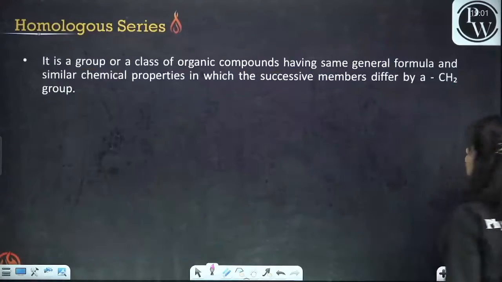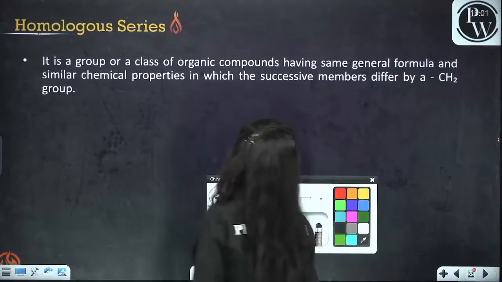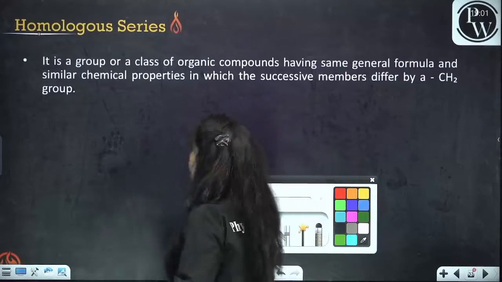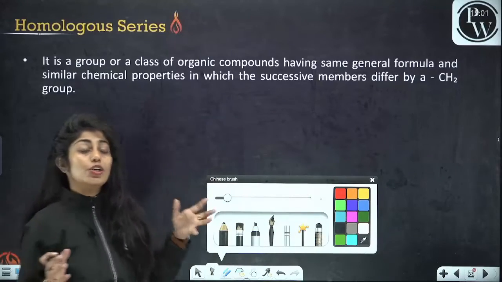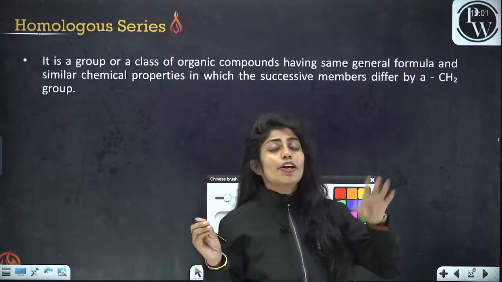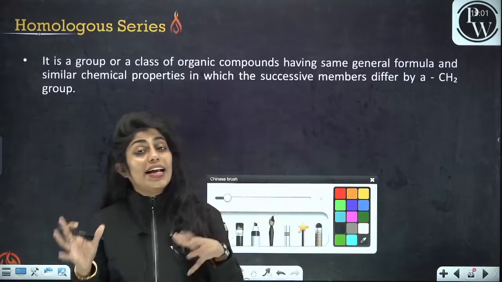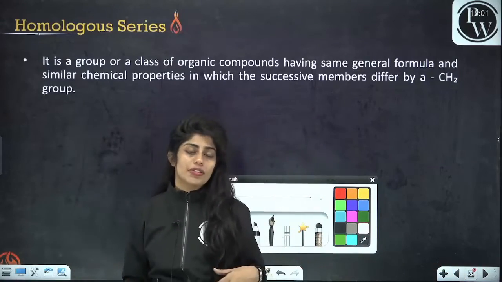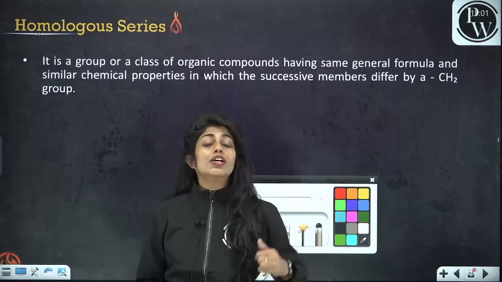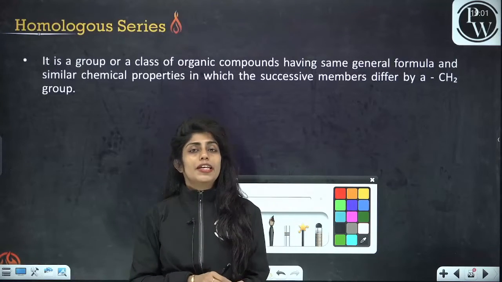So here we have the homologous series. First we understood the functional groups. Functional groups are the heteroatom or group of heteroatoms which are attached to the normal hydrocarbon and then change their function, determine their work potential.